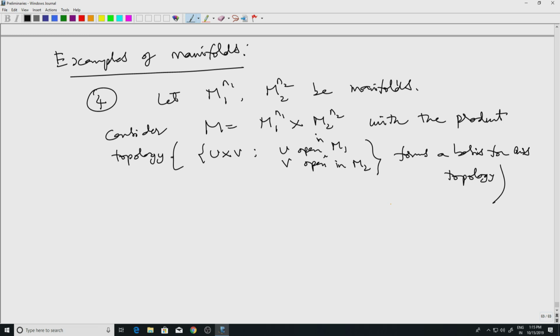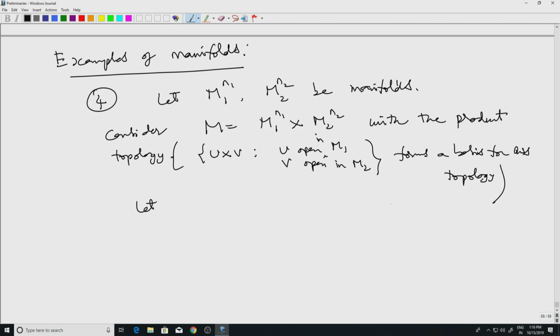Now I want to define a manifold structure on this. The definition of the product topology suggests that it's reasonable to start with a chart U in M1, a chart V in M2, and look at the product. And of course one has to write down a suitable homeomorphism on that chart. So let's do that.